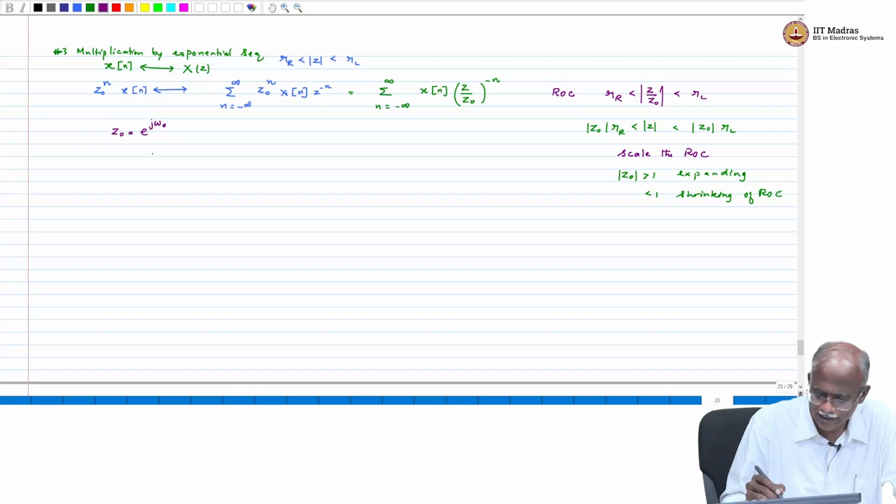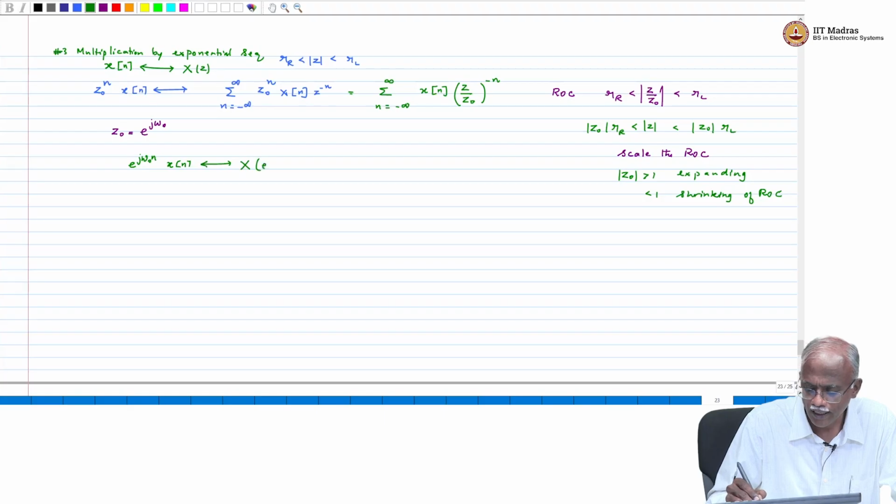So if you take this as z0, then we know that e power j omega naught n x of n, in terms of DTFT, will give us X e power j (omega minus omega naught). This is an important expression.